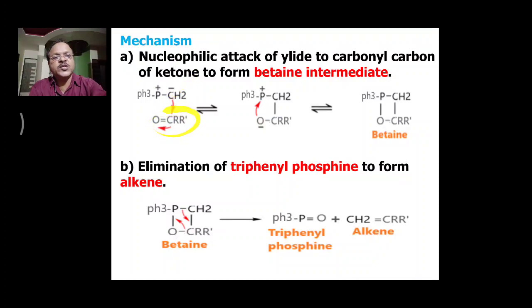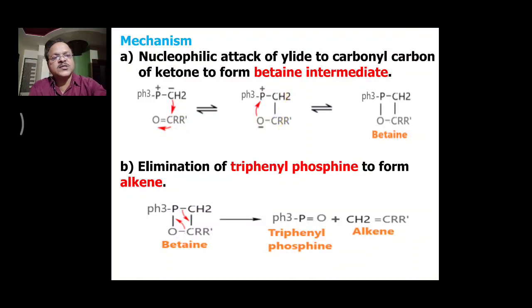This is the ketone molecule, in which the carbonyl carbon carries a positive charge and the oxygen carries a negative charge. There is bond formation between the negatively charged carbon of phosphorus ylide and the carbonyl carbon of the ketone. This is the C-C bond formation.